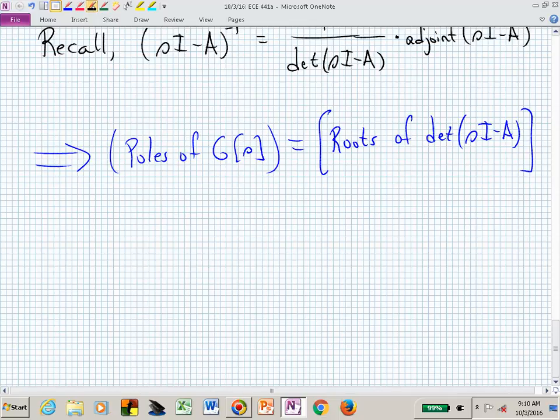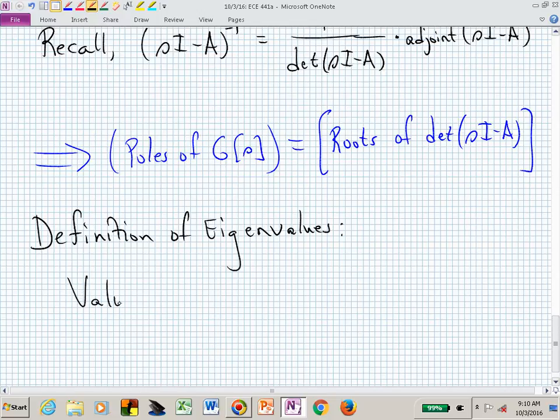But if you've had a linear algebra class, that's screaming at you as something that you learned in linear algebra. Do you remember the definition of eigenvalues? Or one way to find eigenvalues.